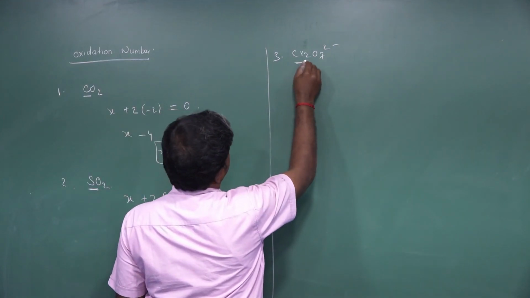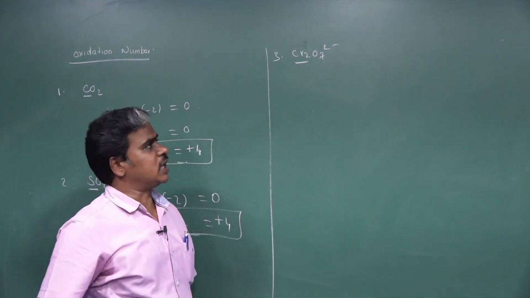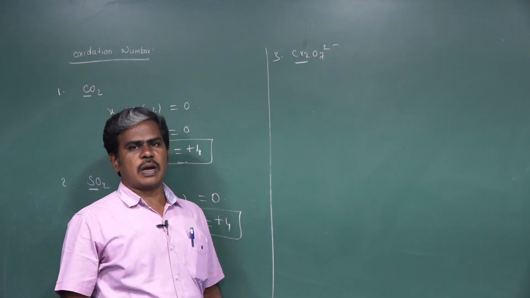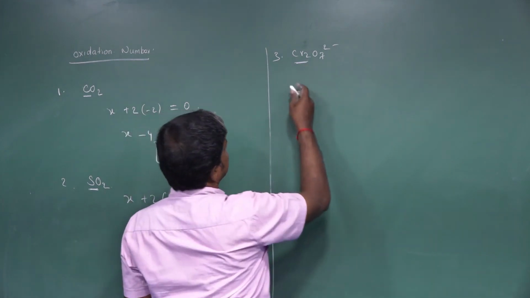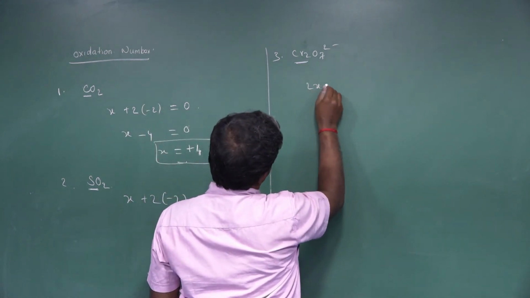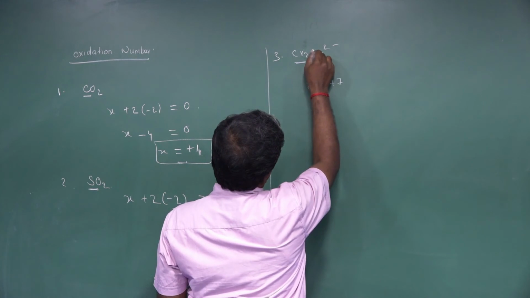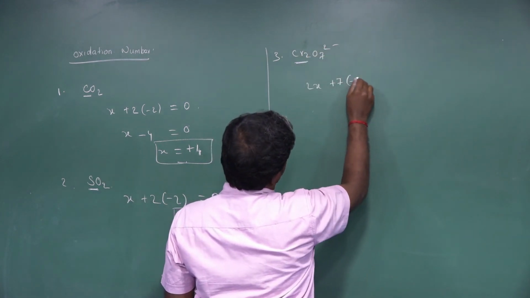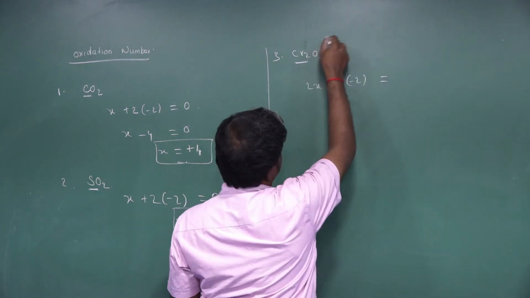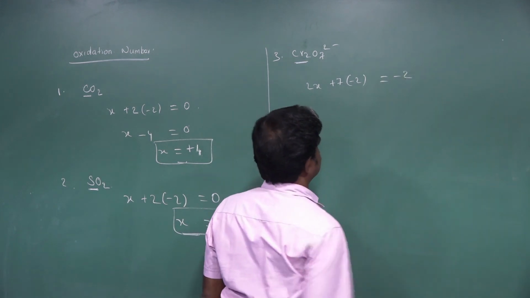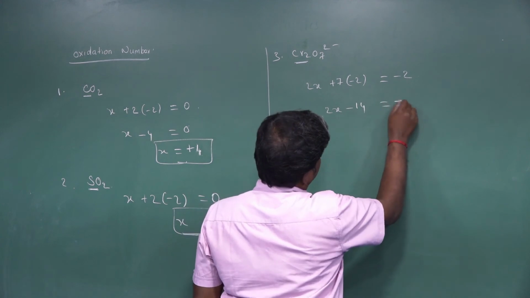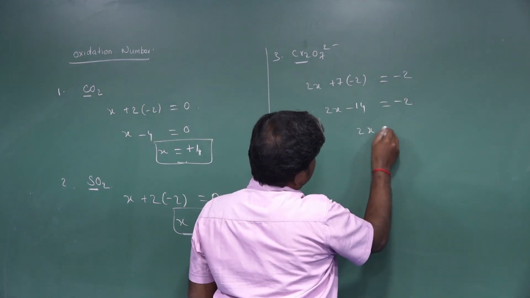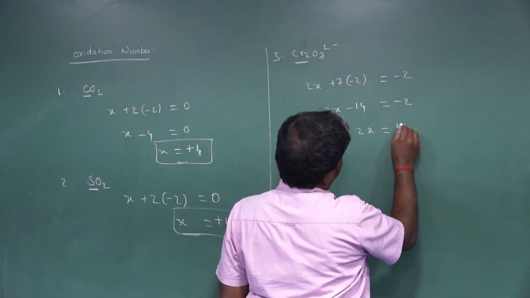We find out the oxidation state of chromium in the Cr2O7 2- ion, which is the dichromate ion. Now we take 2x plus 7 times the oxidation state of oxygen, -2, which is equal to its charge, -2. So 2x minus 14 is equal to -2, so 2x is 12.